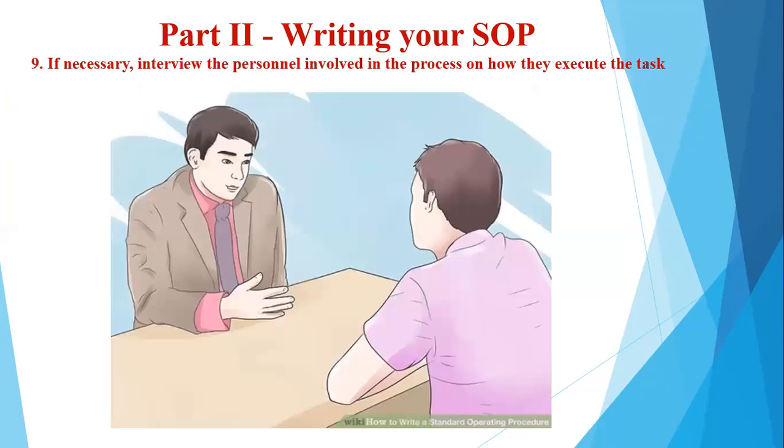Next step, step number 9. If necessary, if at all you feel that it is required, interview the personnel involved in the process and how they execute the task. The last thing you would want to do is write an SOP that is just plain accurate from your perspective.